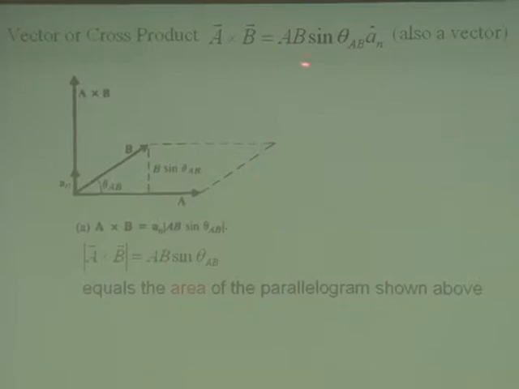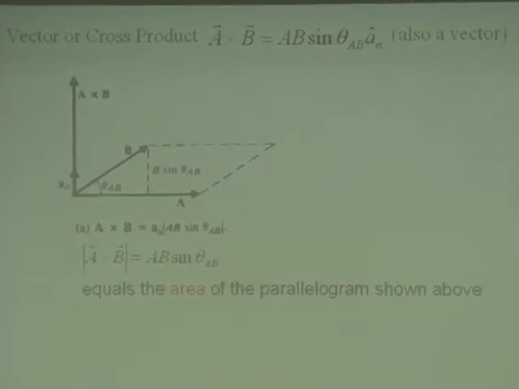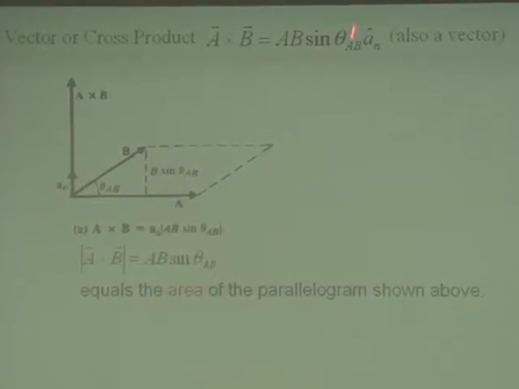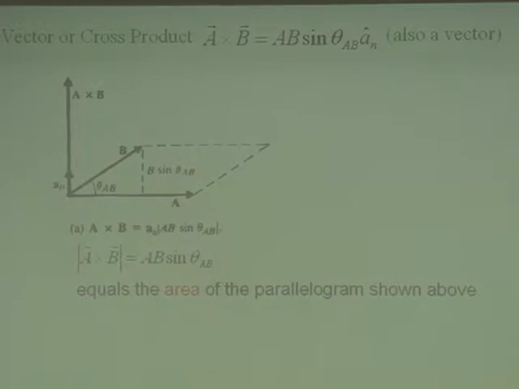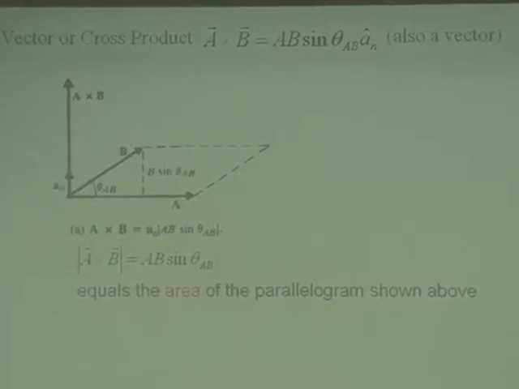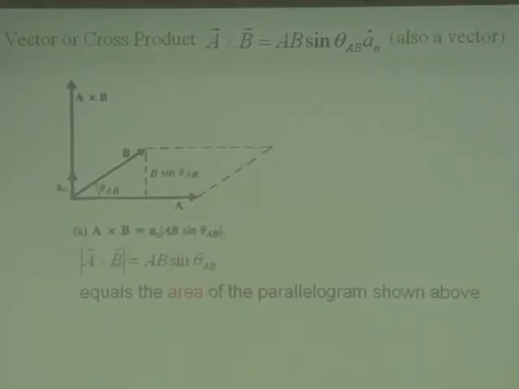So if theta_AB is equal to 0, this means that there's no area. So the multiplication cross product will give you 0. So if you have two vectors, they are aligned along the same direction, you don't get any magnitude for this vector cross product. So in some sense, it's a measure of how perpendicular the two vectors are.